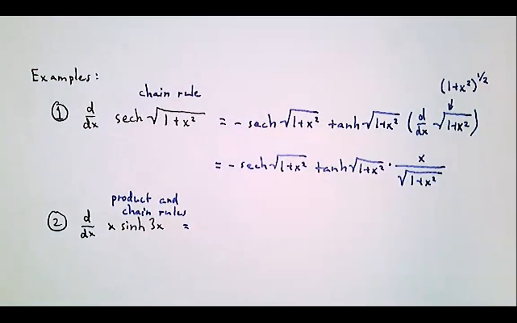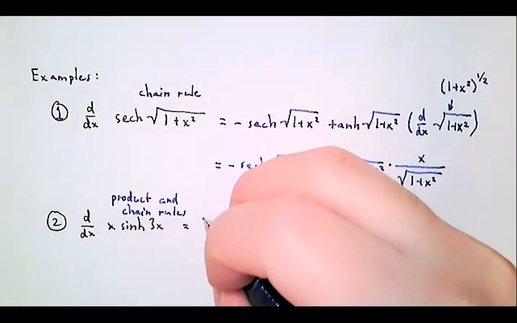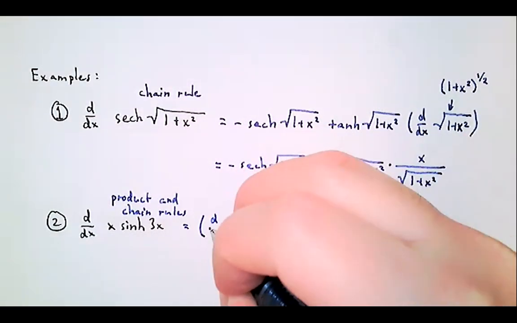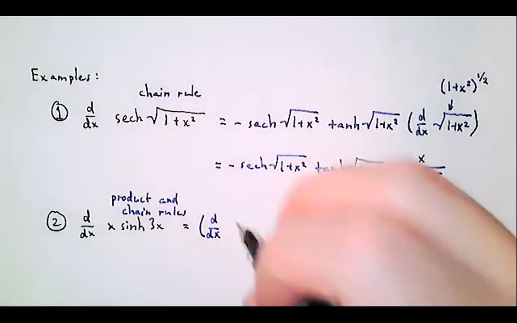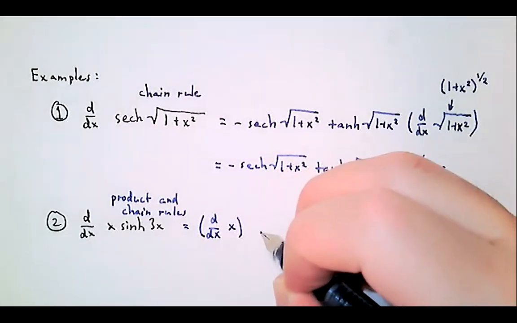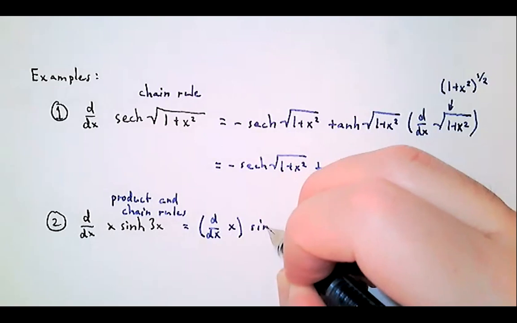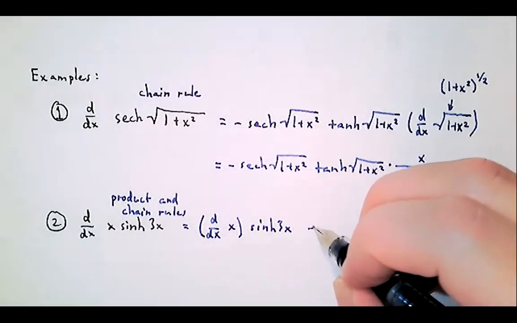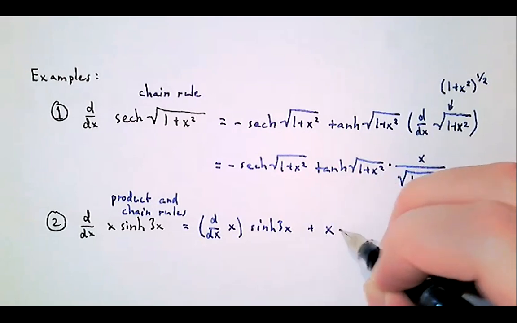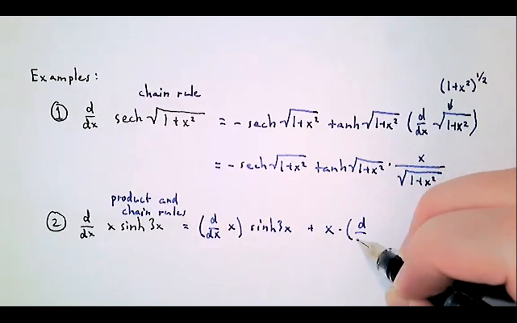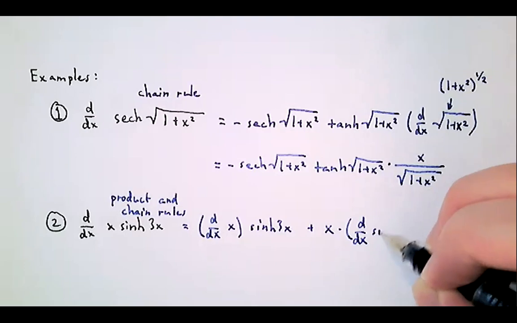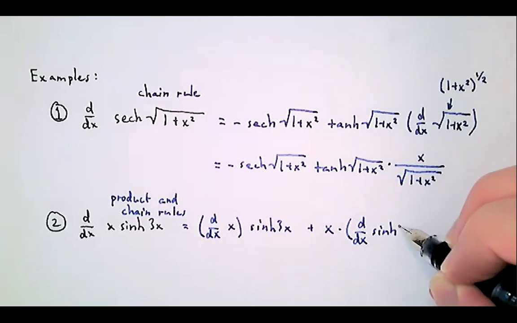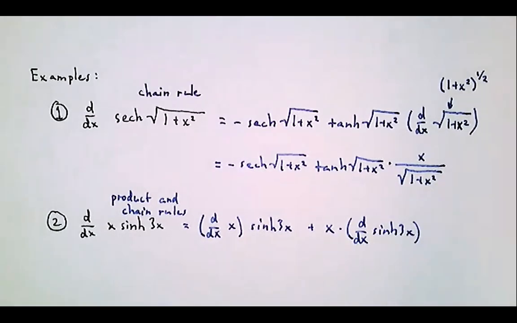So the product rule tells us to take the derivative of the first function, and maybe I'll just write it out as the derivative of x. And then you multiply by the second function, so that's sinh of 3x. And then you add the first function times the derivative of the second, and that'll be sinh of 3x in this problem.